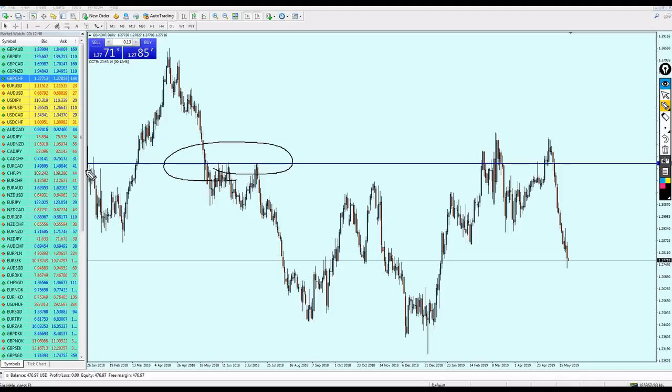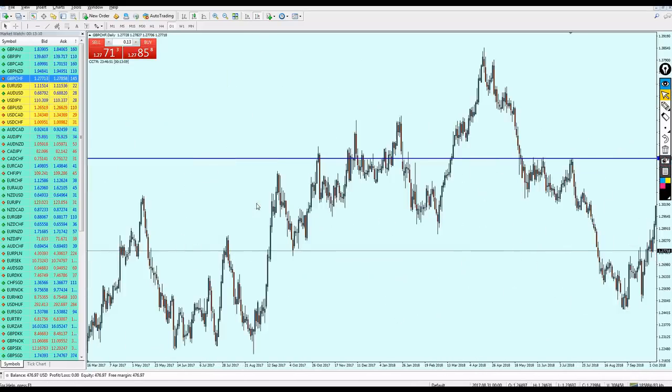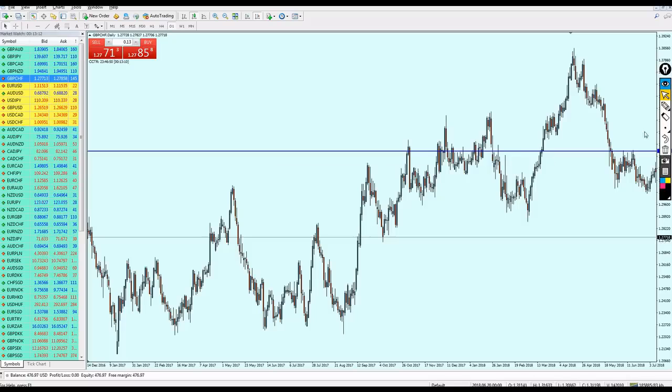This resistance was very strong even in the past, in January 2018, then again June 2018, still the resistance is strong, and even March 2019, and even April 23rd, 2019, this level of the resistance is still strong. And if we go more to the past, we can see that this resistance was still a strong resistance even in 2017.